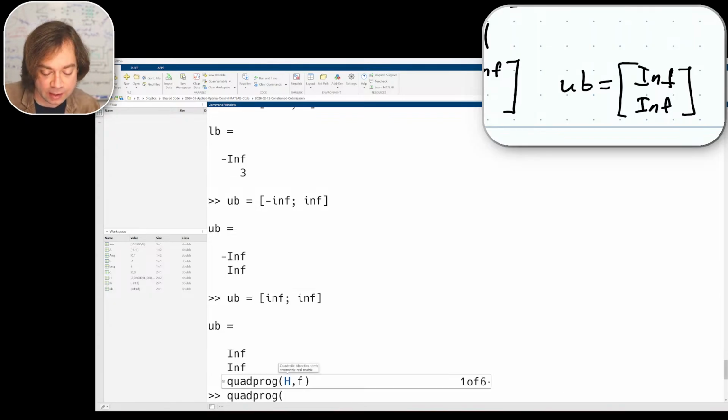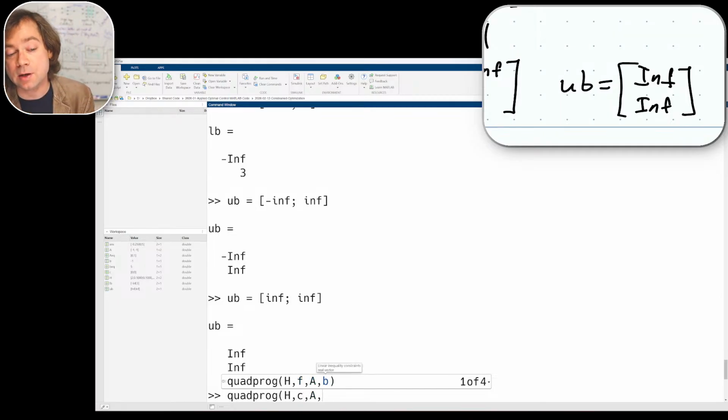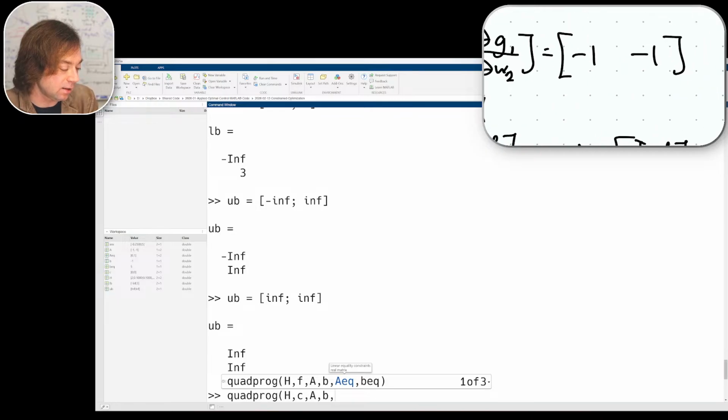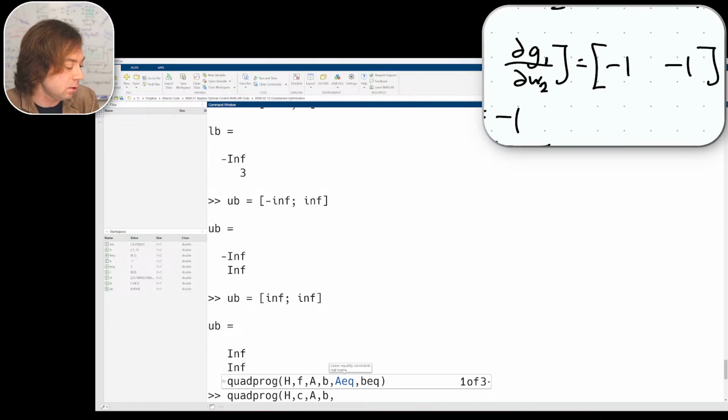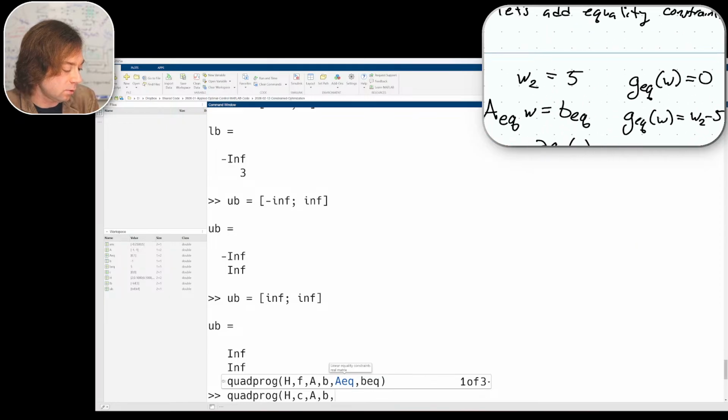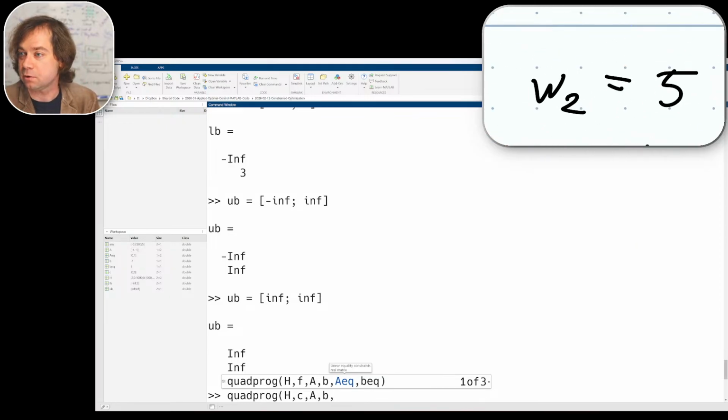All right. So we got quadprog. We're going to give it our Hessian, give it our C, give it our A and B, our new A matrix and B vector. Okay. I want to take off the equality constraint I just added. Oh, I no longer want W2 equal to 5.